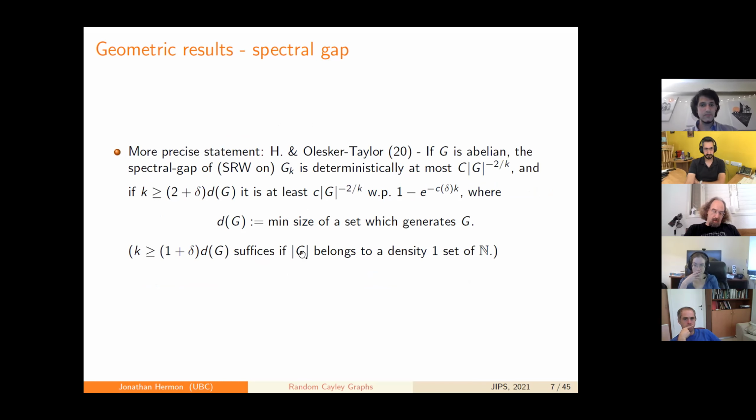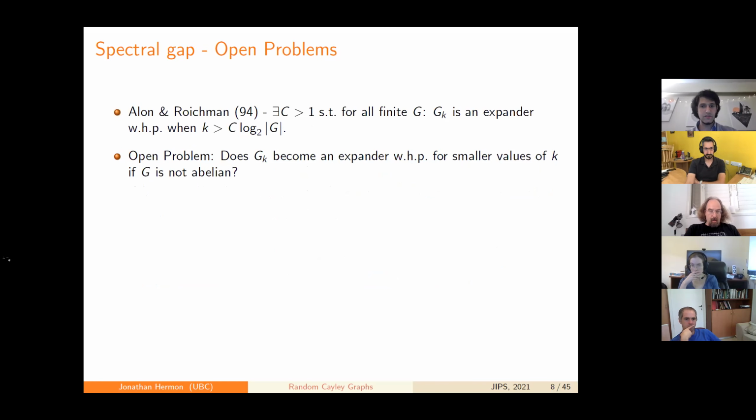I slightly cheated in the way I phrased it, but it's not very important. So one open question is: when G is not abelian, does the random Cayley graph become an expander with high probability for smaller values of K, smaller than logarithmic?